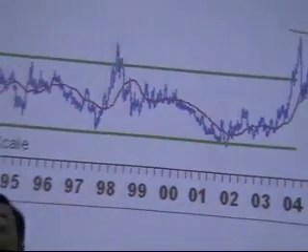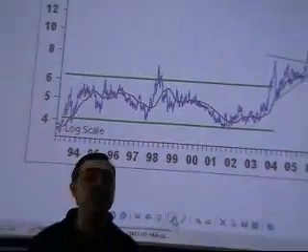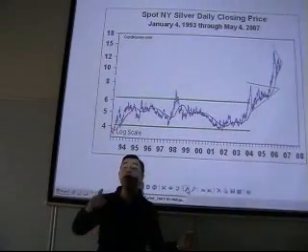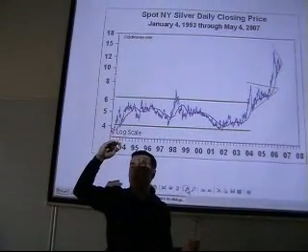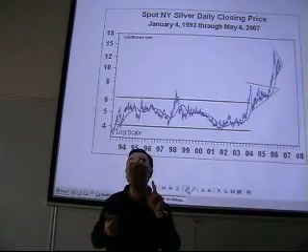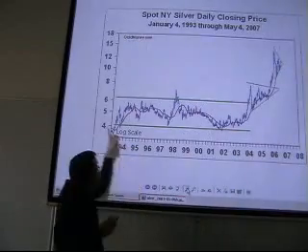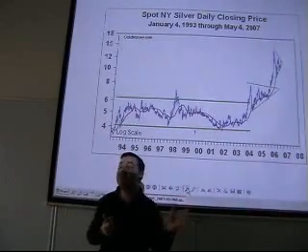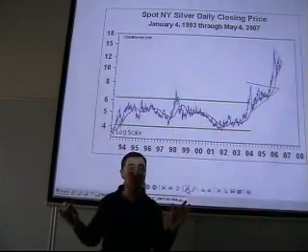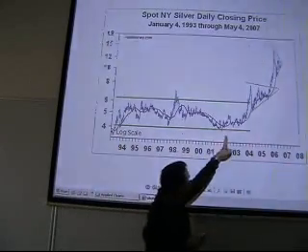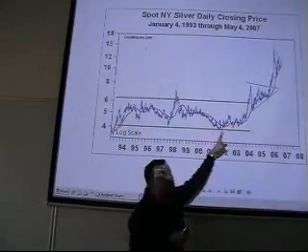In other words, silver went up from $1.29 or so in 1970 to $45. It went up more than 30 times. If it went up more than 30 times and a secular bear market ensued for 20 years, over here from 94 to 2001, silver is doing nothing.